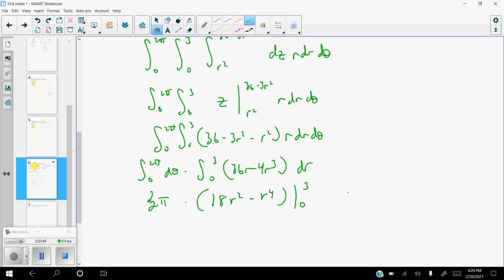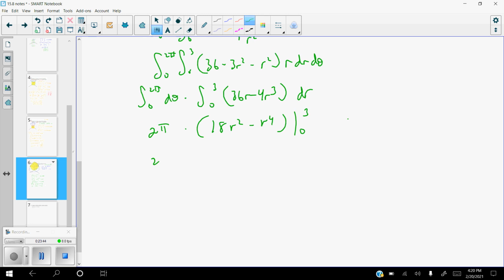Okay, so we get, whoops, I hate when that happens. So we get 2 pi times, let's see, it's going to be 18 times 3 squared, 18 times 9, 72, 162, I believe, 162, minus r to the 4th, which is 81, because that's 3 to the 4th, and then 0 gives us nothing.